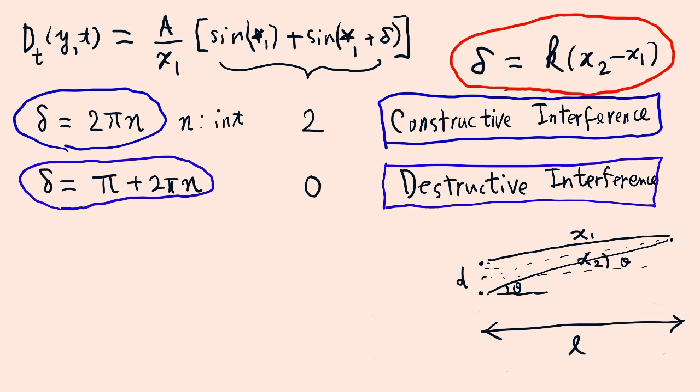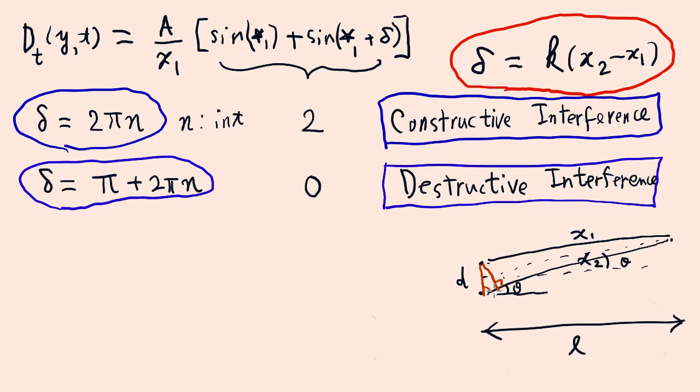And what's the difference between the two? You can do a simple trigonometry here, approximately. So you can make a triangle here. You draw a perpendicular line to this x2 vector. And then you can see that this angle here plus that angle is 90 degrees by definition, because this is a horizontal line, that's a vertical line.